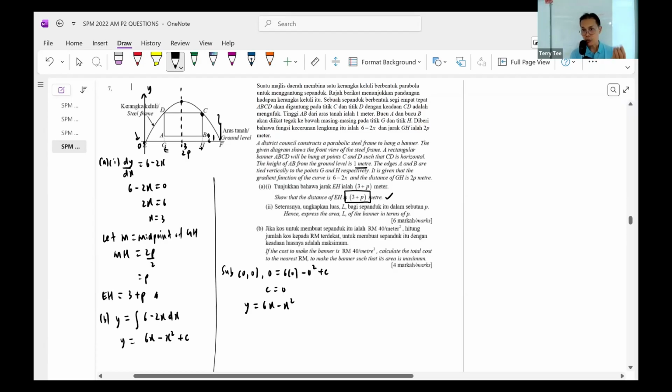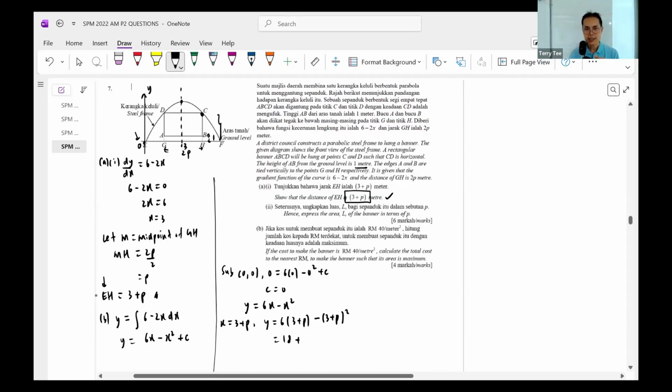All right, now that I know my equation of the curve, I can sub in this point H. OH, right, should I say EH? This is EH. EH is your x value, right? When your x is 3 plus p, what's your y? 6(3 plus p) minus (3 plus p) squared.